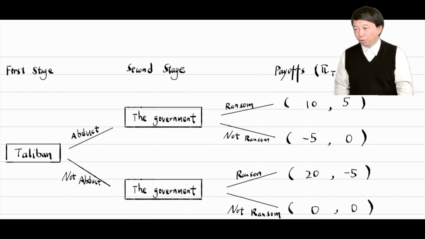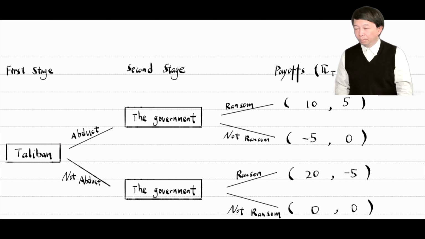It is a sequential dynamic game with 2 stages. Taliban moves first. It decides whether to abduct. The Italian government moves in the second stage, choosing whether to pay the ransom. We draw the game tree and use the backward induction approach to find the subgame perfect Nash equilibrium.